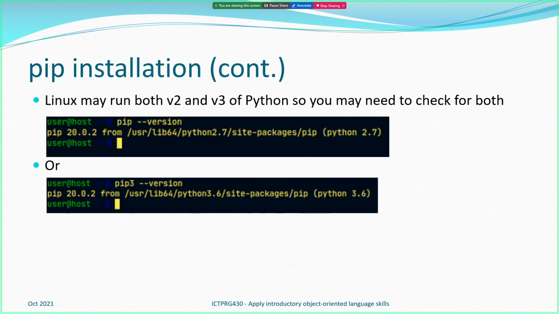Linux can run two versions simultaneously, and you can execute version 2 and version 3 by just adding the 3 on the pip command if you've got them running concurrently. If you've only got the one version of Python running on your machine, then generally speaking you only need pip.